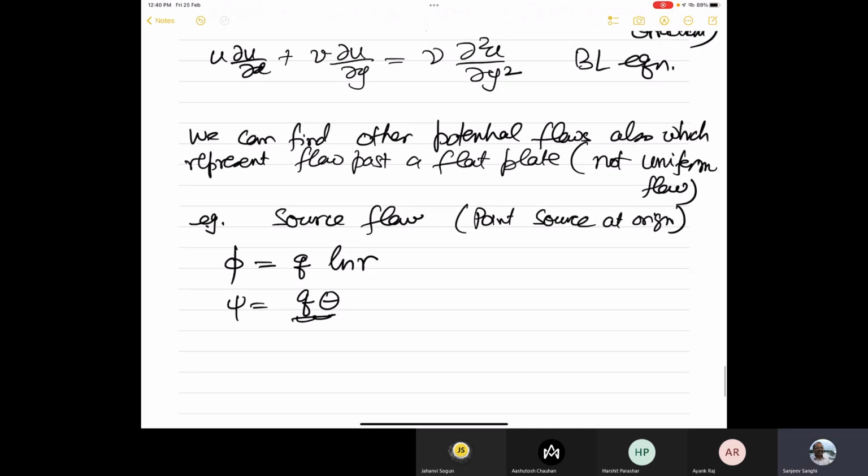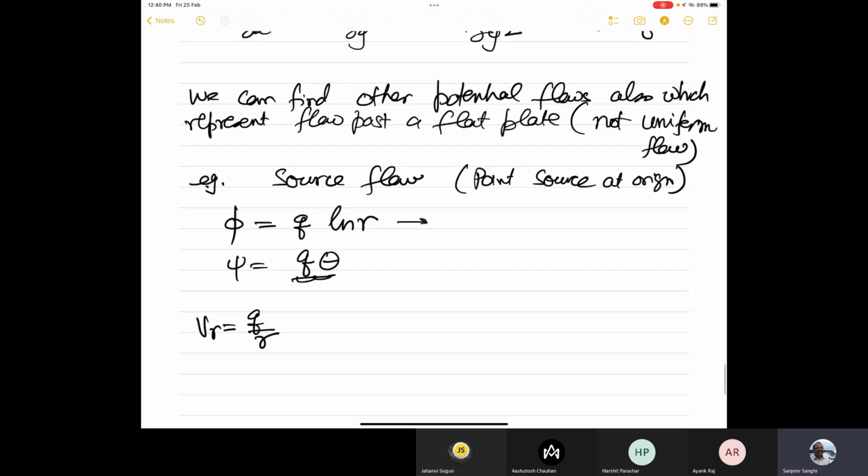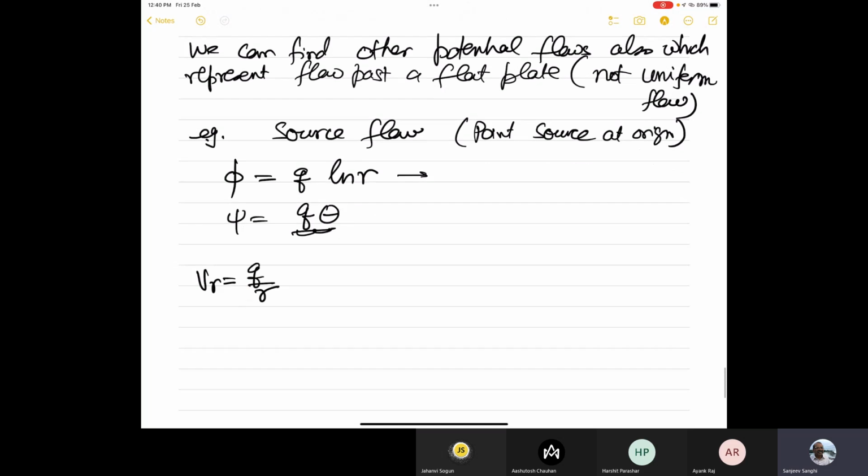So if the stream function is like this, v sub r is equal to q upon r. And how do the streamlines for a source flow look like? If this is the origin, how do the streamlines look like? Any idea? Radially outward. So streamlines are radially outward in the potential flow solution.